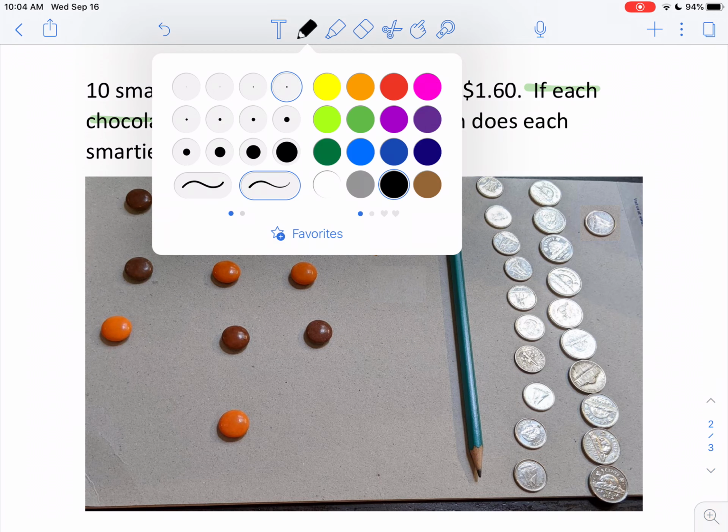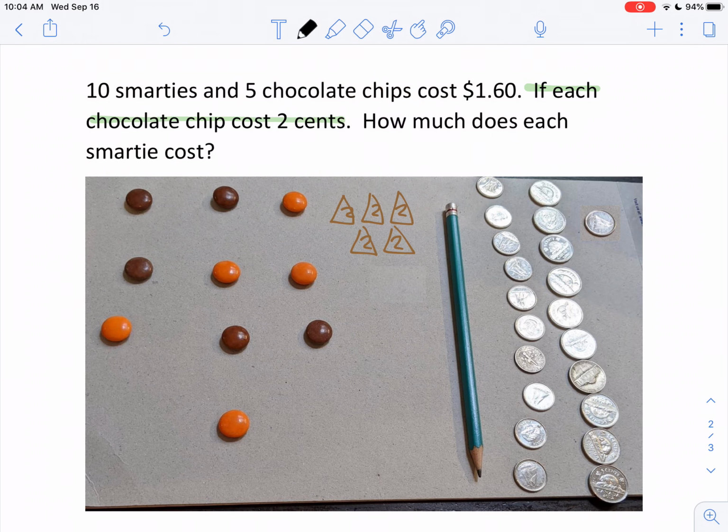Well, the easiest way to start is by trying to replace the chocolate chips with the amount that they cost. So 2 cents each times 5 chocolate chips gives us 10 cents. So we can actually remove the chocolate chips and simply replace it with a dime, because there are 5 chocolate chips, 2 cents each, so they would cost a dime.